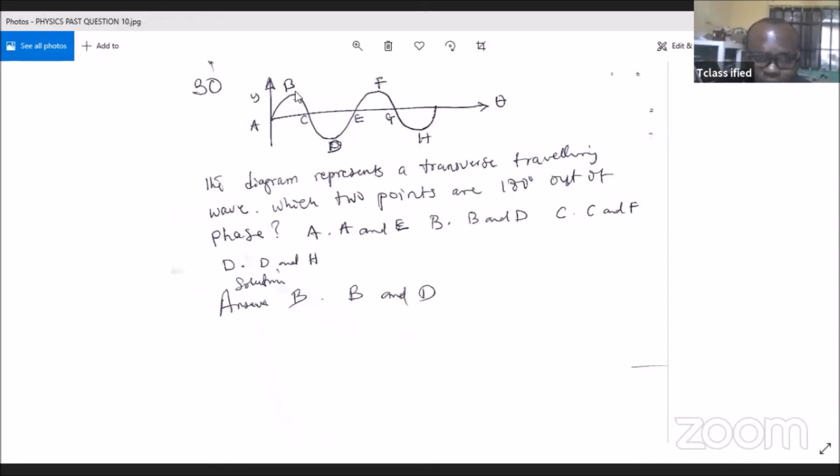From here to here is 90. From here to here is another 90. So a complete half of the circle is 180. Another complete half is 180, making it 360, which is the complete cycle. So if you look at B and D, from here to here, 90 and another 90, making it 180 out. And you can definitely see that both of them are not on the same point on the wavefront.